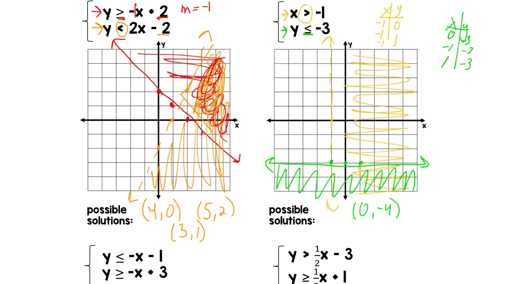Let's say (1, -3) is a solution. We can say that because the y less than or equal to negative 3 line is solid, so points along that line count in our solution set. We could also say (4, -5) is our possible solution.